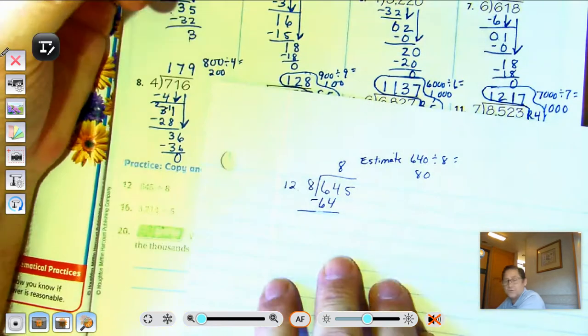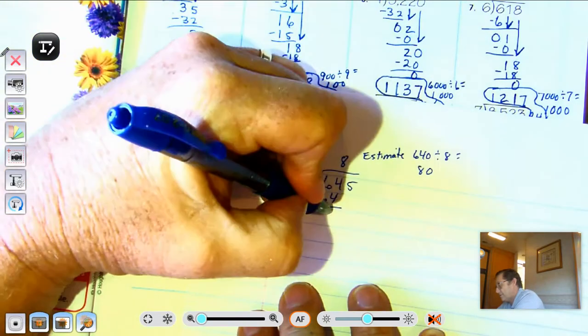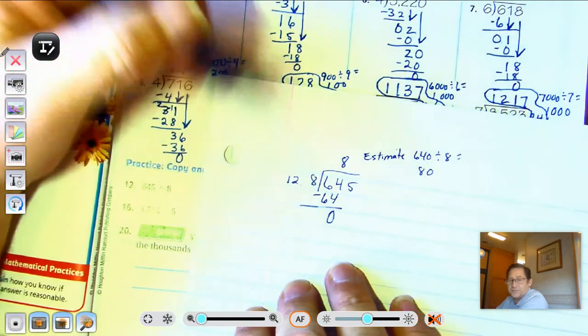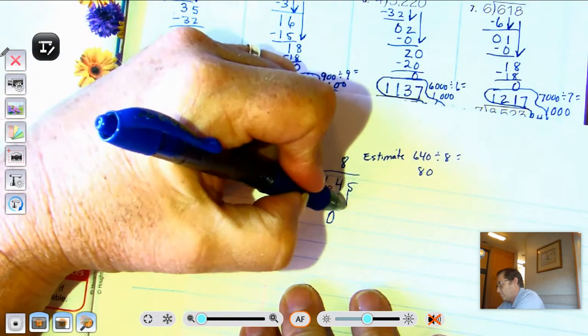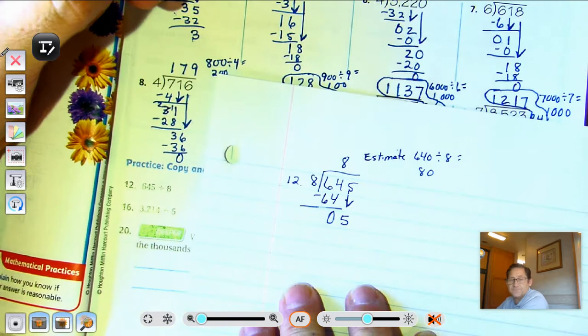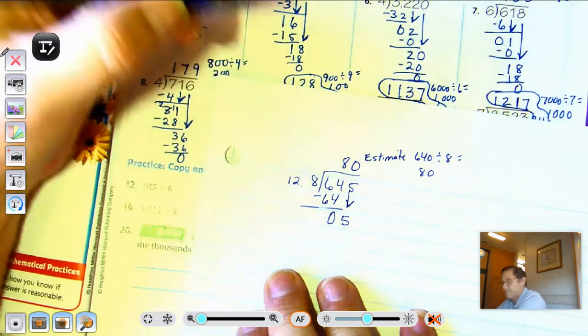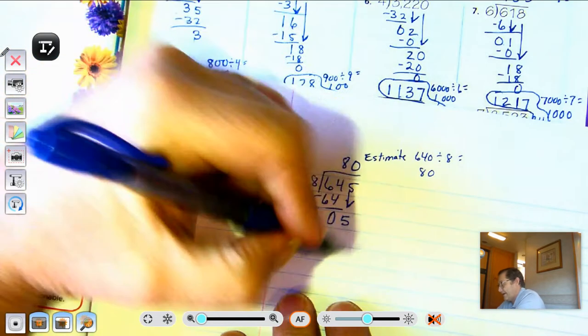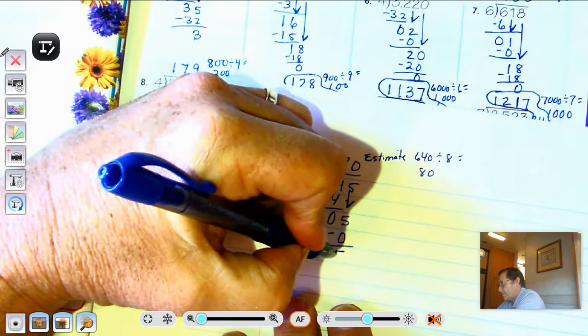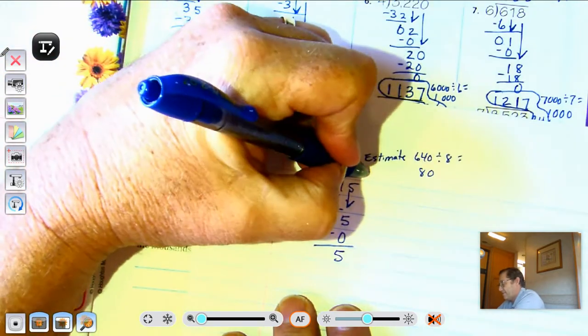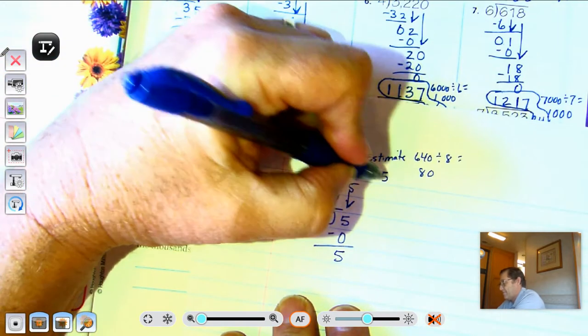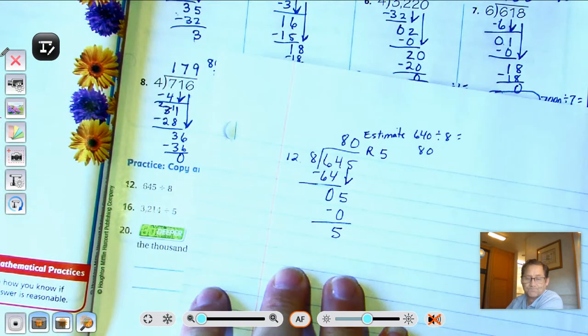So 64 10s take away 64 10s is 0. Can't share 0 with 8 groups, so let's bring down the 5 ones. 5 ones cannot be shared equally amongst 8 groups, so we're going to say that's 0. 8 times 0 is 0, and we're left with 5. So 80, remainder 5.